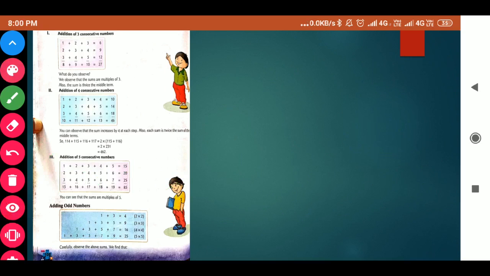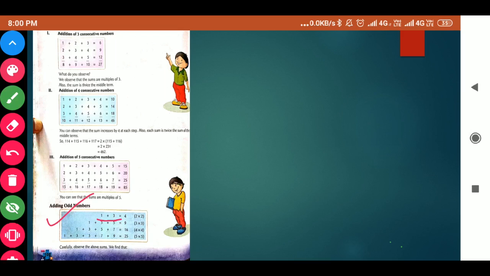Now the next is adding odd numbers. What is an odd number? The number which is not divisible by 2 is called an odd number. So starting from 1, you can see the next odd number is 3 and the sum you get is 4.